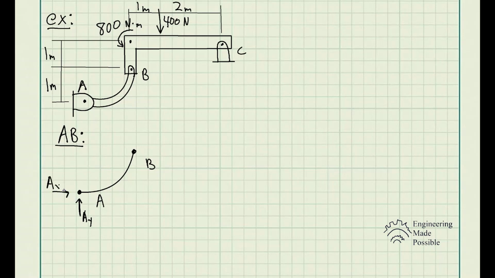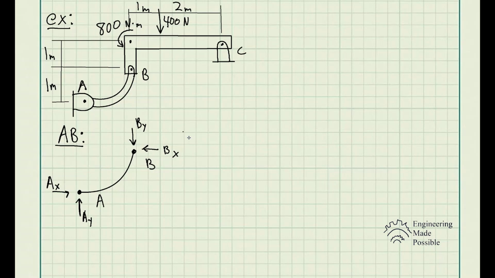Now, of course, this whole structure is in static equilibrium. That means this member is also in static equilibrium. So this member at pin B has to have forces equal and opposite to AY and AX. So we have BY equal and opposite to AY, and we have BX equal and opposite to AX.